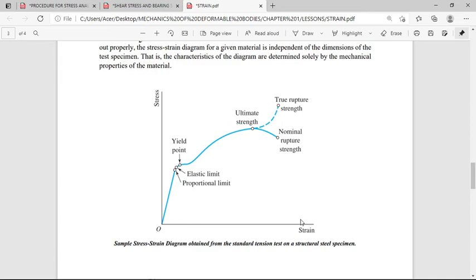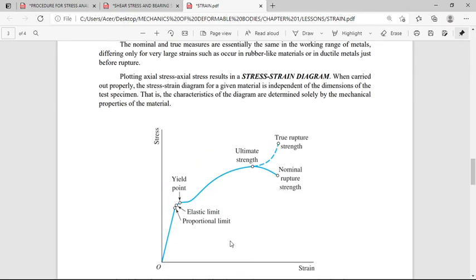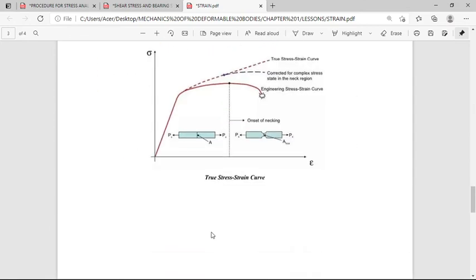Matitibay itong mga steel na to. Dito sa graph, sa y-axis or vertical axis niya, we have the stress. And sa horizontal axis or x-axis niya, we have the strain. Kung makikita nyo, habang tumataas yung stress, tumataas din yung strain.